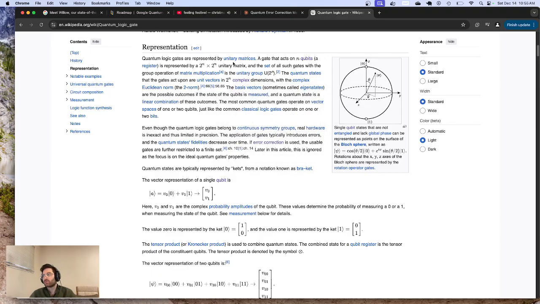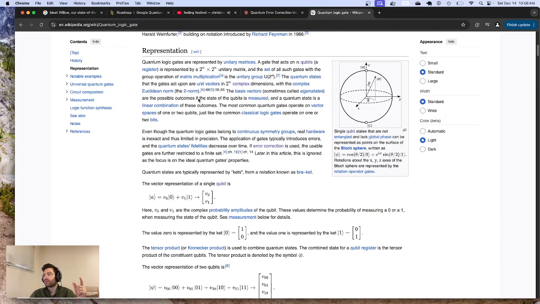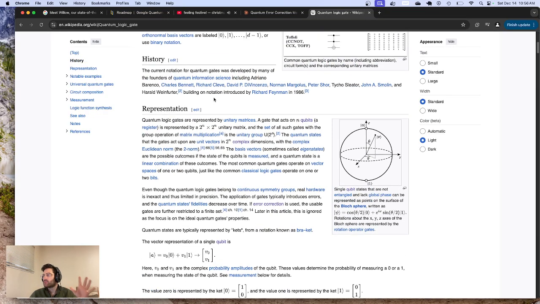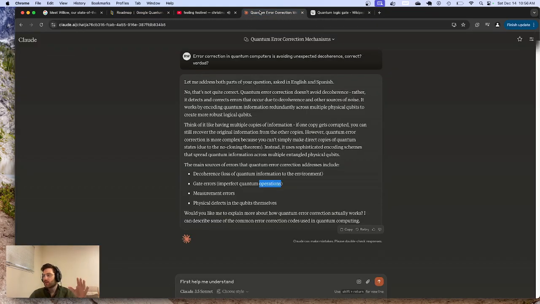There's a lot we can get into once we get into the actual signal part of quantum computers. It's very, very complicated. Unit vectors: again, amazing, interesting stuff that we're not going to get into today.